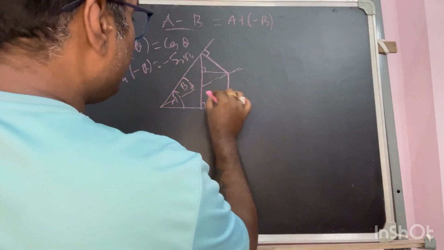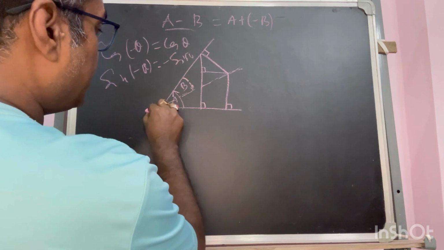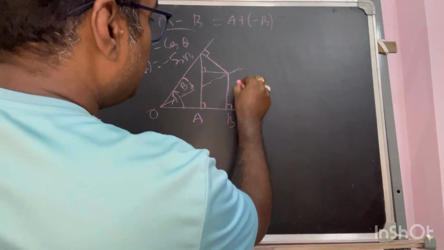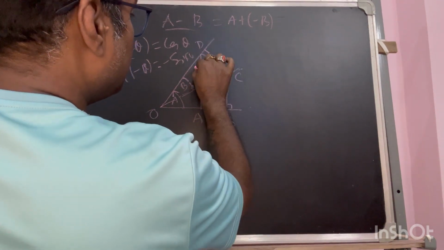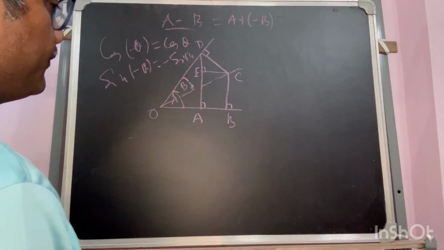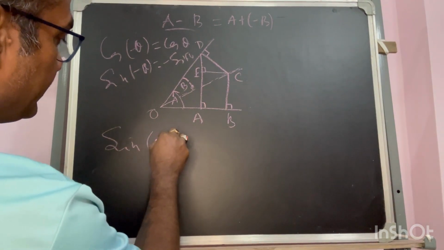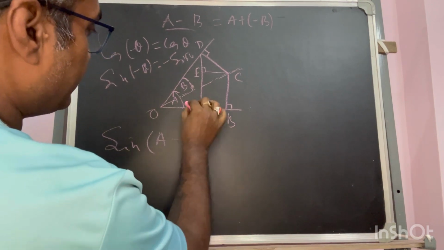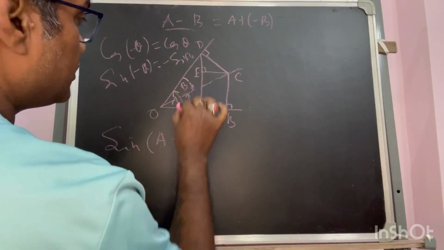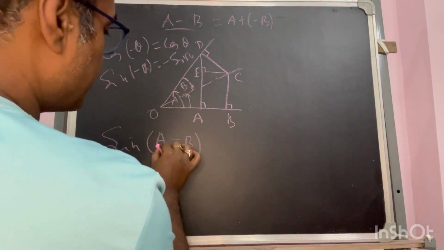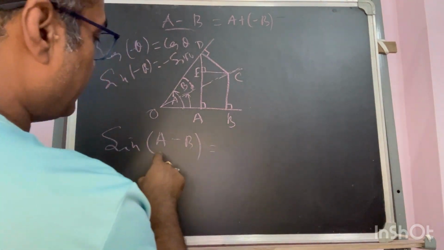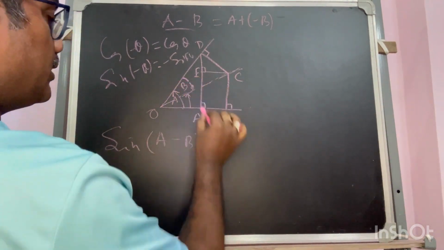Now this is your a. Now I name the points a, b, c, d, e, let's say. Now what is sine of a minus b? Sine of a minus b is this angle, that will take you anti-clockwise, because a is higher. So if I do a minus b, that will be in the anti-clockwise direction.